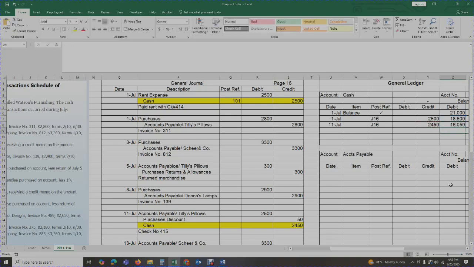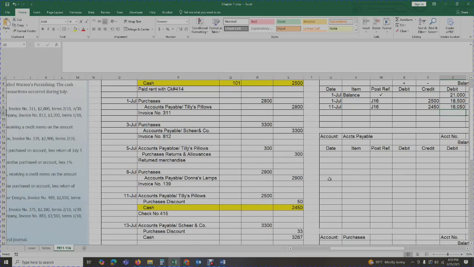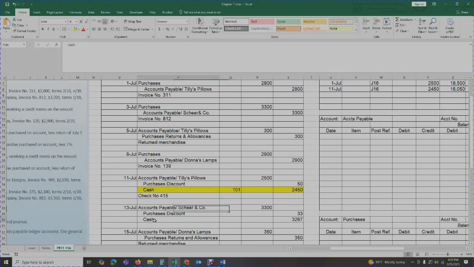That'll give me 16,050. Then we're going to go back and enter account number 101 here. We continue going. I've got another entry for cash right there. This is on July the 13th. This is journal 16, and we have a credit of $32.67.